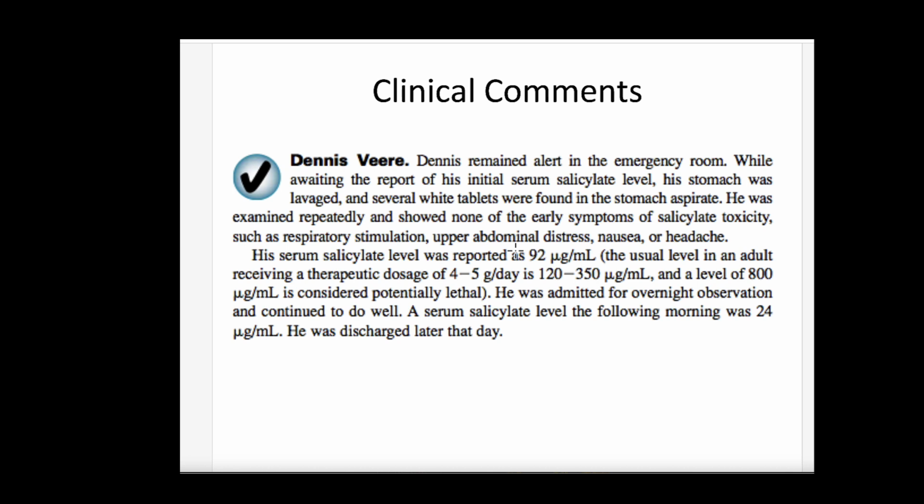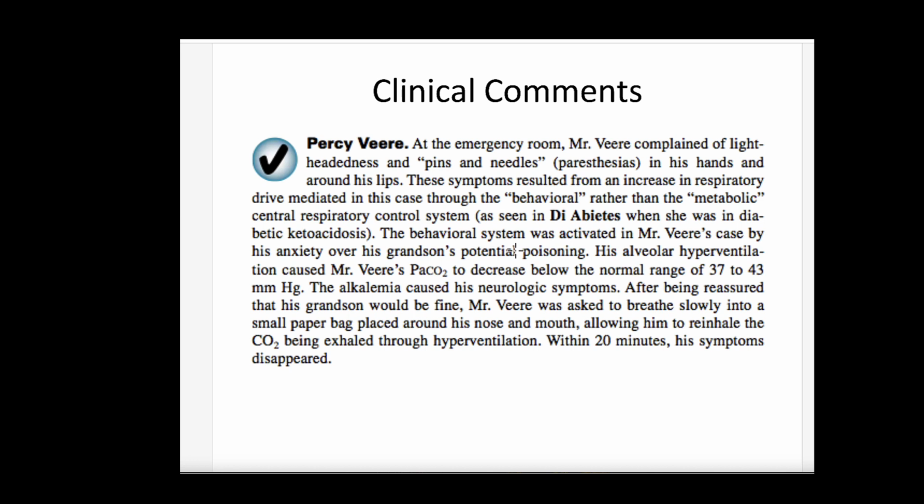Go back through the patient cases as well. Also pay attention to behavioral systems, right? Because our behavior also plays a role in metabolic activity. Why? Physiologically, some of our behavioral issues can trigger or stimulate internal modulations of pH.